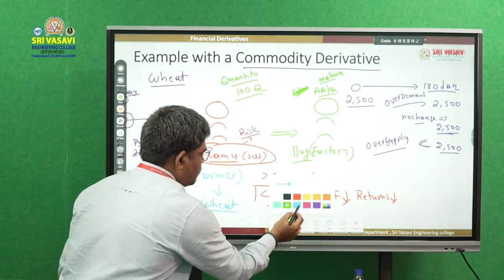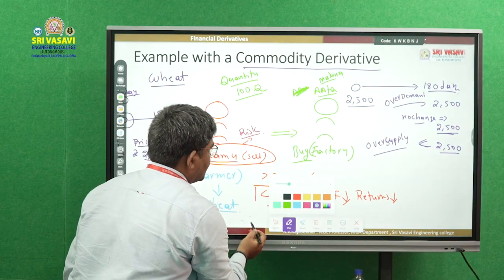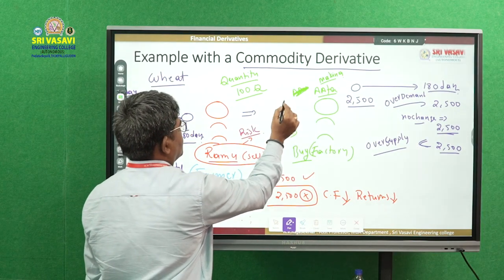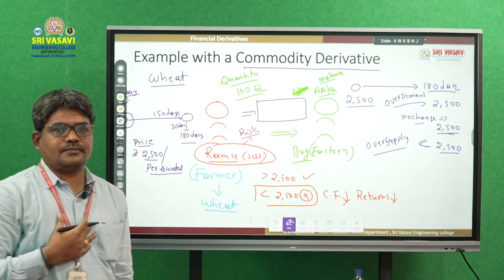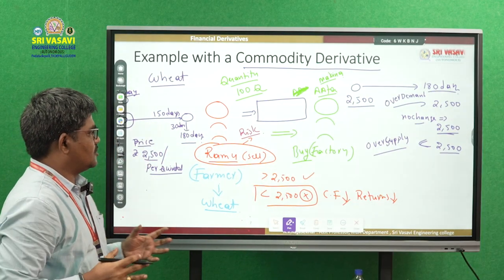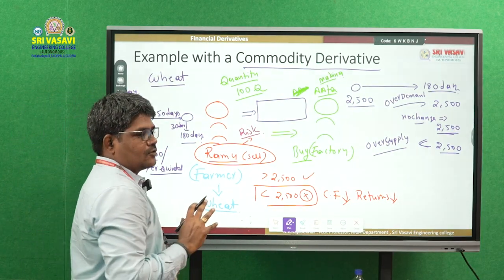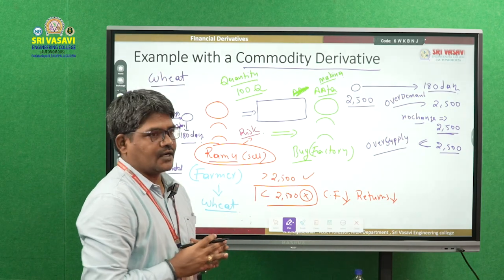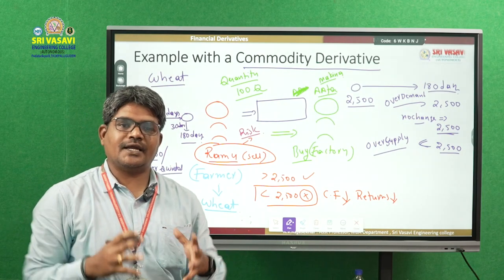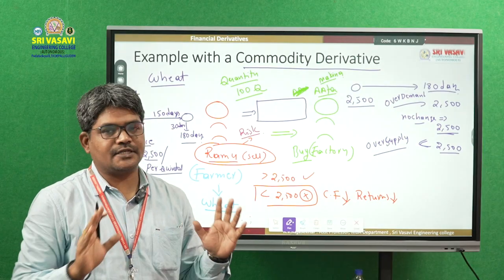Both the parties need to agree upon a price. Assume Ramu is ready to sell at 2,700 or 2,800 to the atta factory. If the atta factory is ready to buy at 2,700 or 2,800, it is okay.